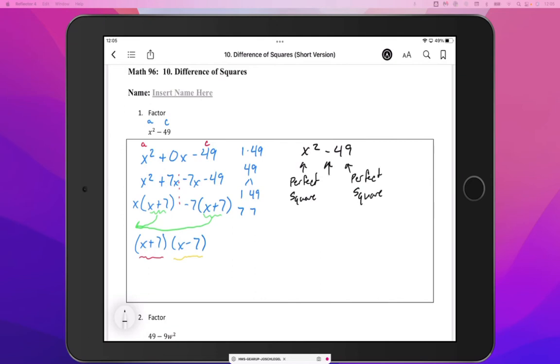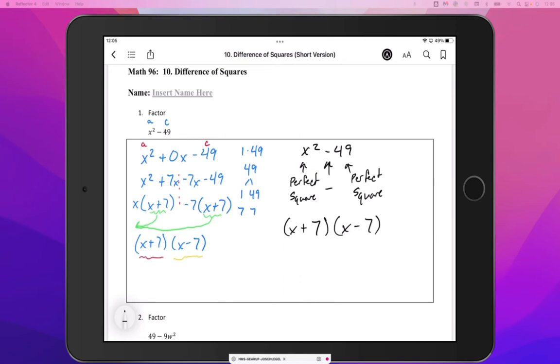And that's a minus sign. If that is true, I have a perfect square separated by a minus sign. All we need to do is, I like to call these my Mickey Mouse ears, put a plus sign on one, put a minus sign on the other. Square root of x squared is x, and square root of 49 is 7. And that's all we need to do, just fill that in.